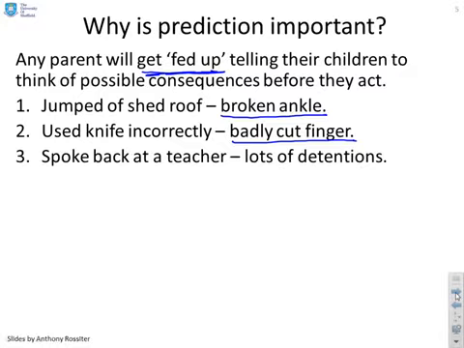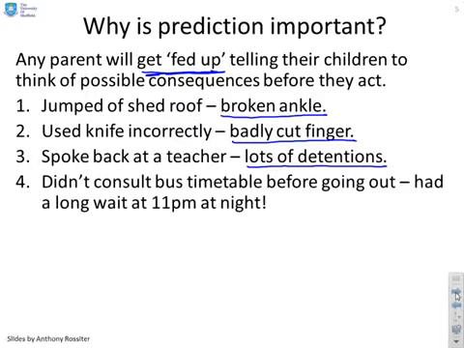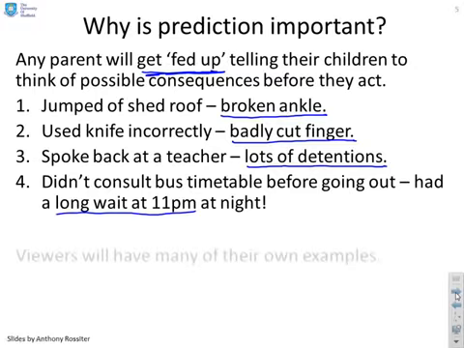They spoke back at a teacher because they were a bit irritated or whatever, but what happens is they end up with lots of detentions and should have just kept their mouths shut. They didn't consult a bus timetable before they went out and just turned up at the bus stop, hopefully, and then had a very long wait at 11 o'clock at night.